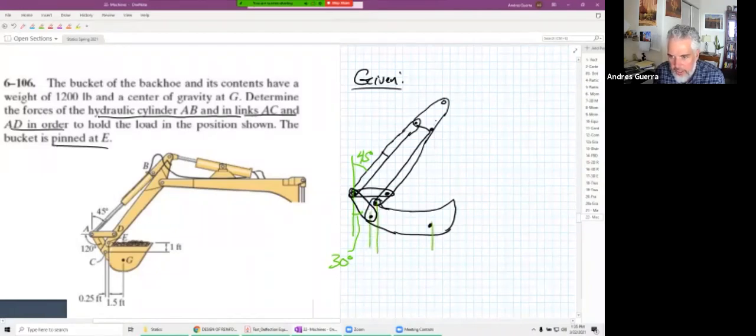This distance right there is 0.25 feet, and then all the way out to there is 1.5 feet. They also give us this vertical distance from C to E. From there to there, that is 1 foot.